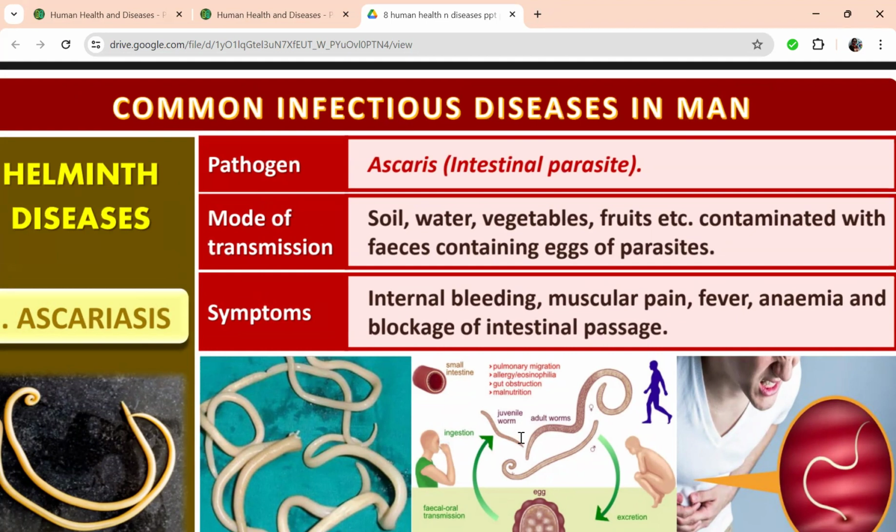So now you might have pulmonary migrations or allergic eosinophilia, gut obstructions, or malnutrition. That is when there might be a problem in the excretion.